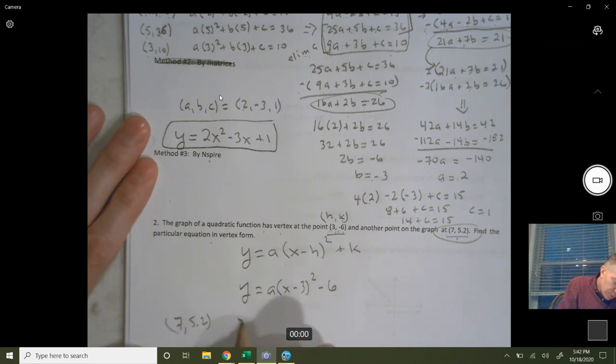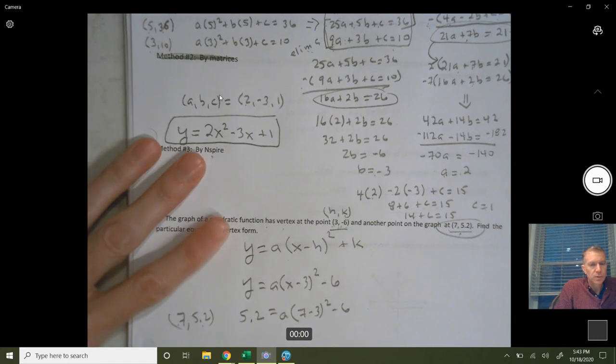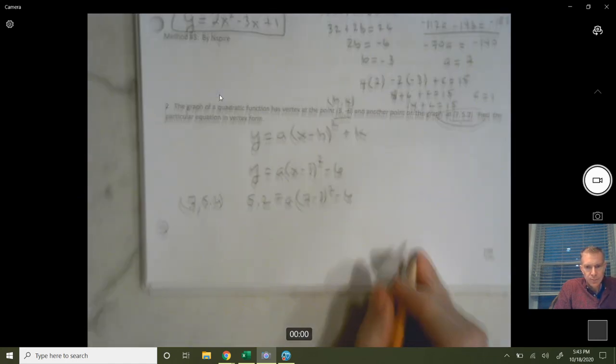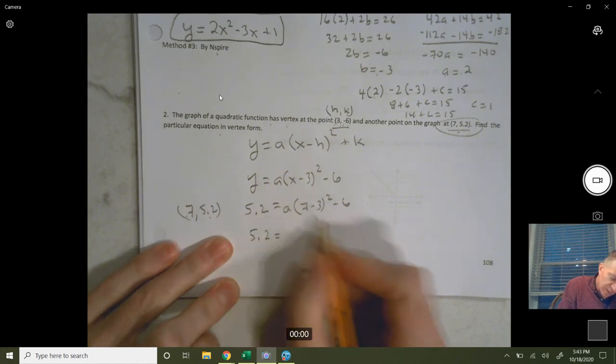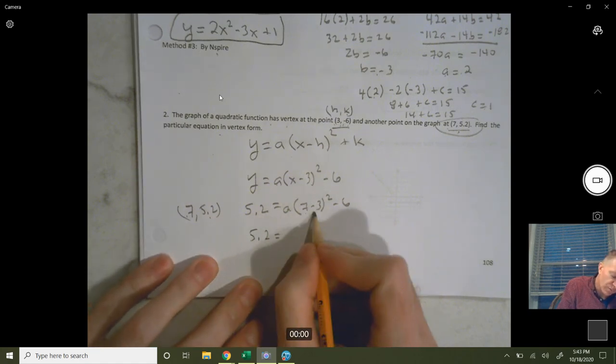Plug in a 5.2 for y, and plug in the 7 for x. 7 minus 3 squared minus 6, and then you just solve. Okay? So 5.2 equals 7 minus 3 is 4. 4 squared is 16.